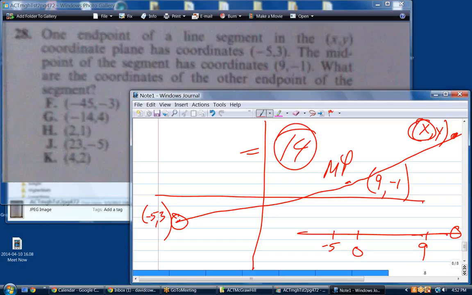Notice we didn't have to go through the math on the y-coordinate because they were kind enough to put only one 23 x-coordinate on there as an answer. And that's very common on the ACT. In fact, both problems in this test that are exactly the same do exactly the same thing. They give you 5 answers and only one of them has the correct x-coordinate. So we didn't have to figure out the y-coordinate.